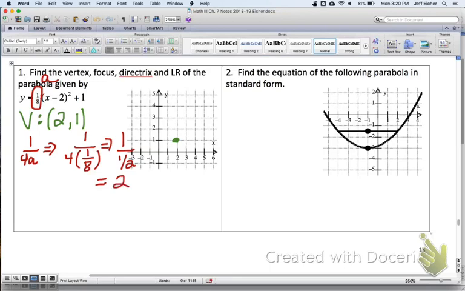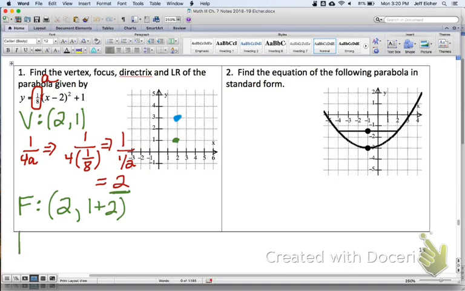So our focus is 2 above the vertex. Our focus is going to have the same x-coordinate, but the y-coordinate is going to be 2 above that. We can write it like that, but you can count it out. I'll do it in my blue marker here. It's 2 above the vertex, so that is the focus.